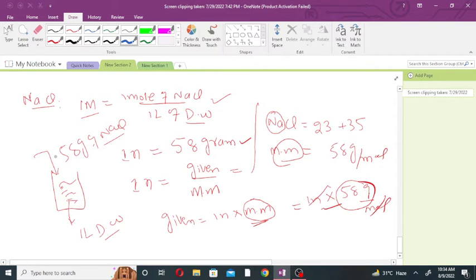We just multiply this by 0.1. So it will be 5.8 gram of NaCl dissolved in distilled water. So we will get 0.1 molar NaCl solution. So we can prepare any molar solution from the molarity concept.